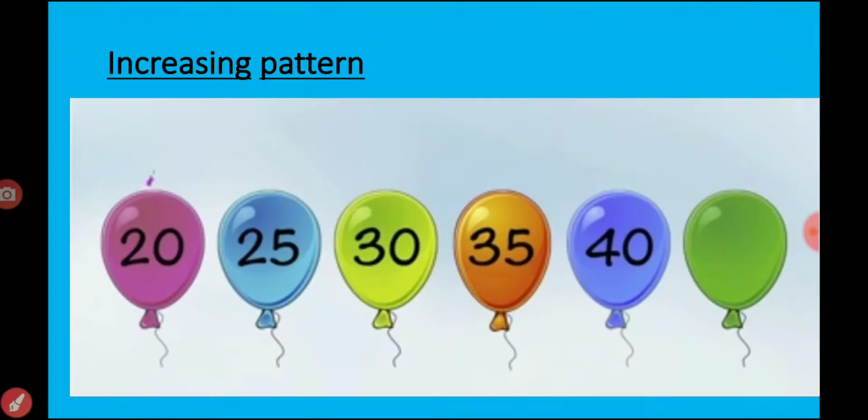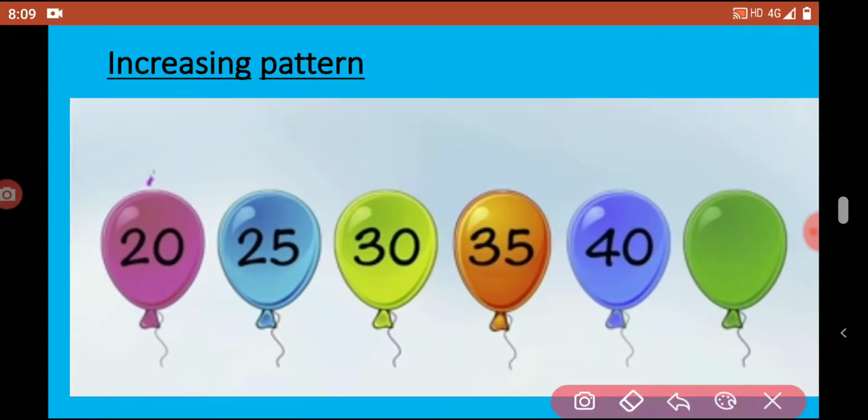Now another example. In increasing pattern numbers increase. So here numbers increase from 20 to 25, then 30, 35 and 40. So we have to find out the next one. If we add plus 5 with 20, the answer is 25.